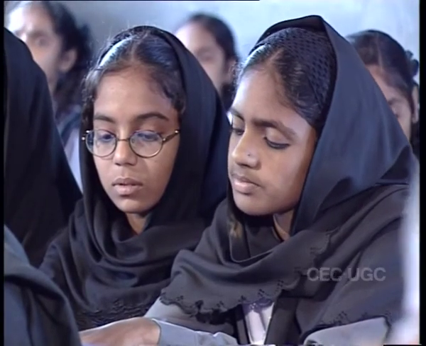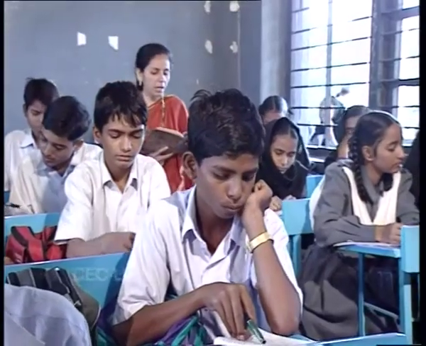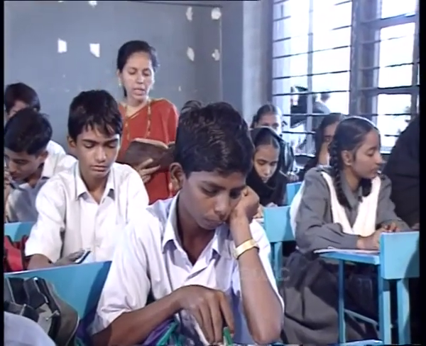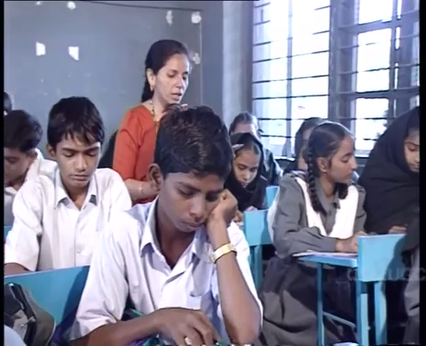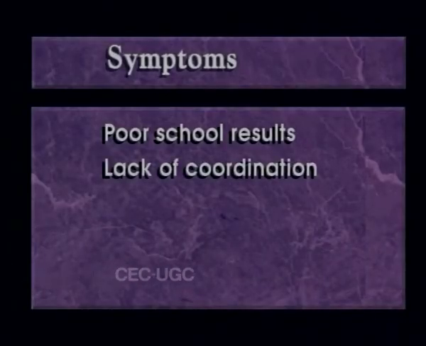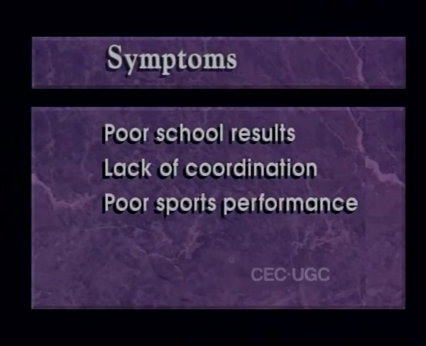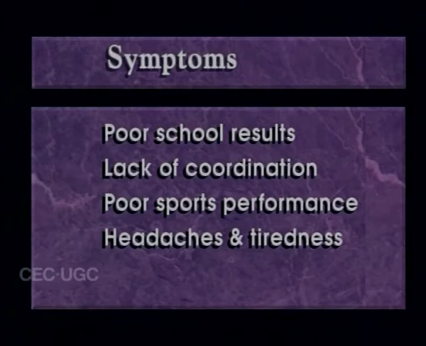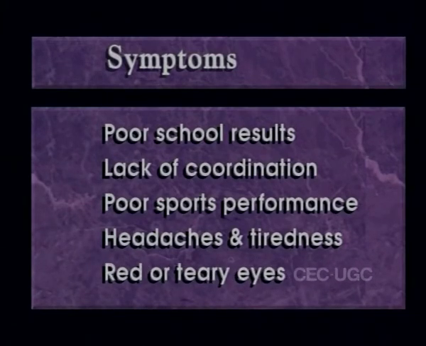These vision conditions can be easily detected in children if parents and teachers are observant and look out for the following symptoms: poor school results, lack of coordination, poor sports performance, headaches and tiredness, red or teary eyes.